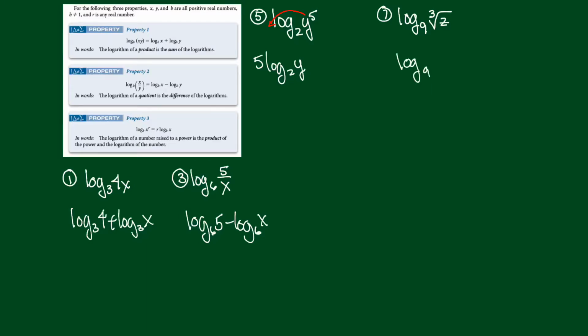This is the log base 9 of z to the 1/3, and then I can bring that 1/3 down as a multiplier. I'm using this rule right here: if I have the log of something to a power, bring the power down in front as a multiplier. So I'm going to write this as 1/3 log base 9 of z.